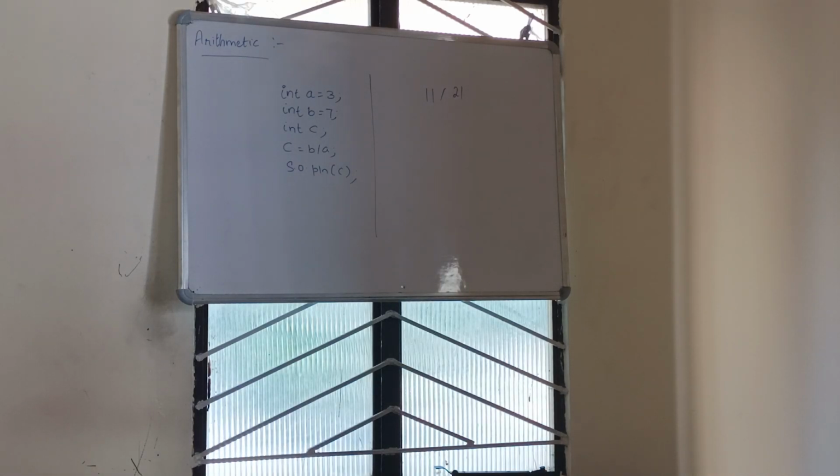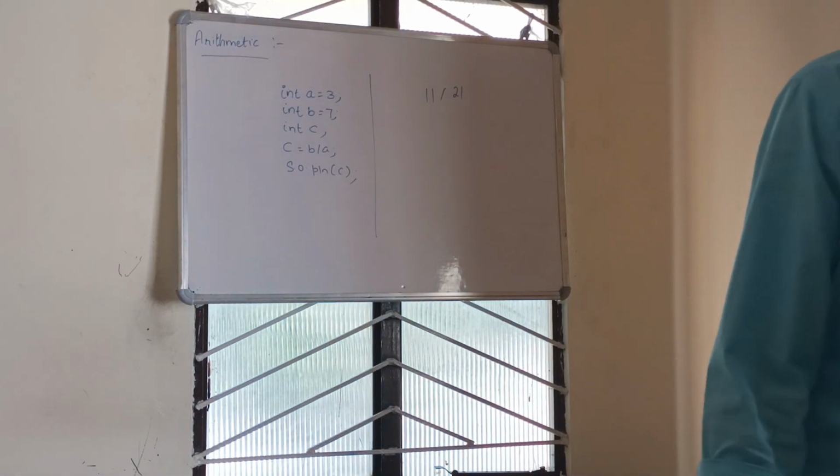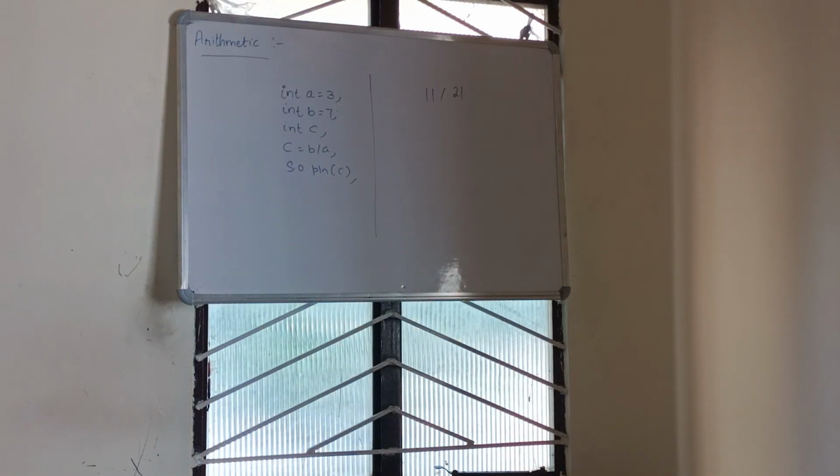Don't tell the answer. Let me check who is good in mathematics. How 0.22? Calculate properly. What happened?